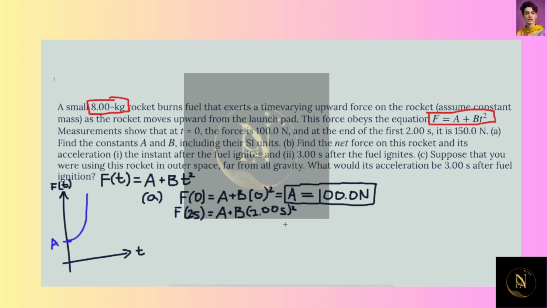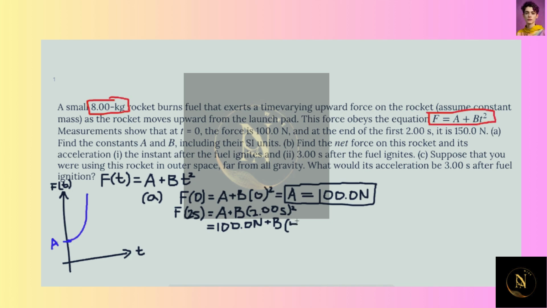But before we even get there, I'm going to directly plug in our answer from before, which is to say that the constant a is equal to 100.0 newtons. We still have that constant b.